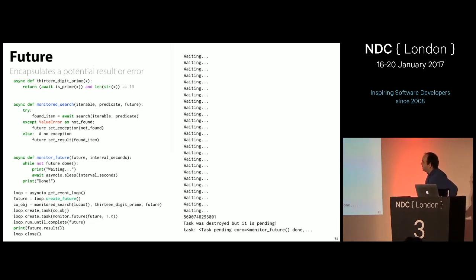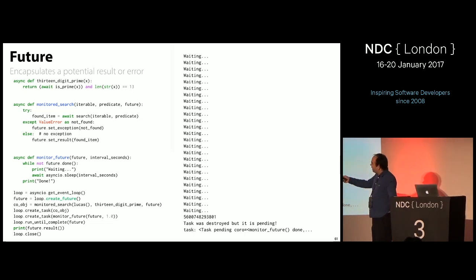So let's look at the code we have here. I've just taken our search function and modified it to accept a future object. We'll come on to what that is in a moment. And all my monitored search does is delegate to this regular search coroutine we had earlier, with await. So we try this.